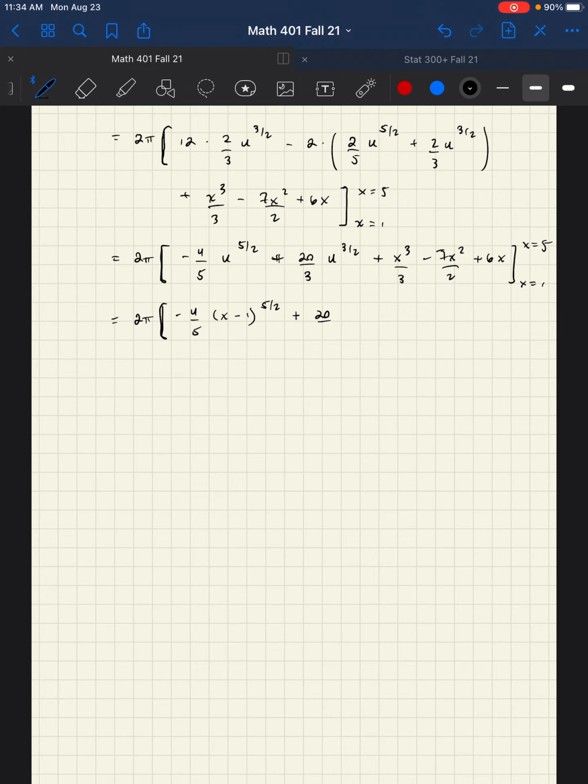So negative 4/5 x minus 1 to the 5/2 plus 20 over 3 x minus 1 to the 3/2. I'm going to continue down on this line down here because I'm running out of room.